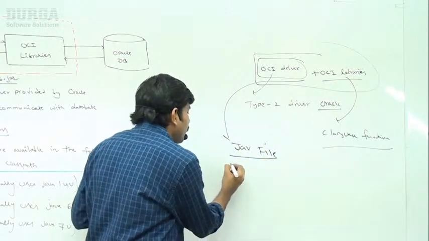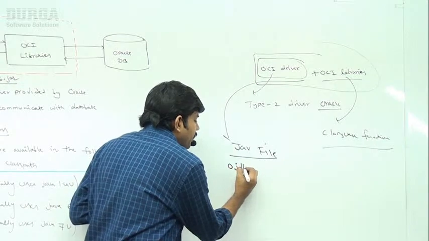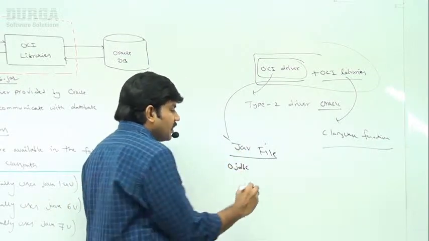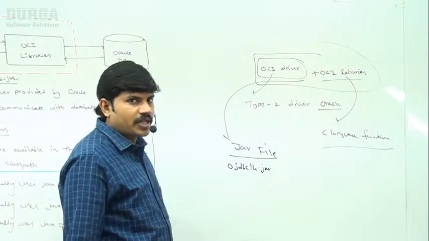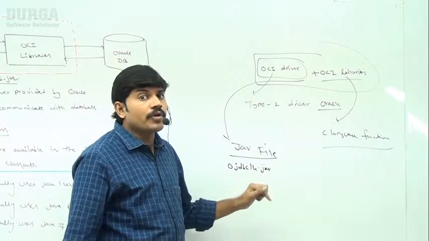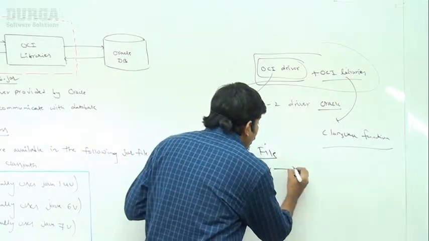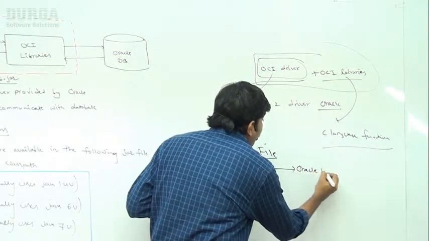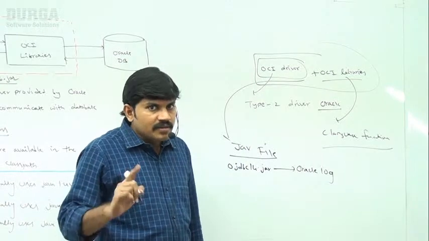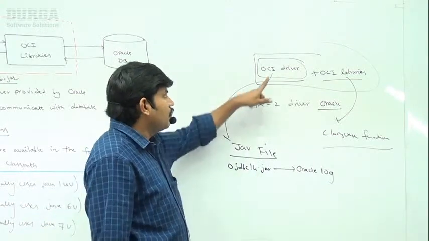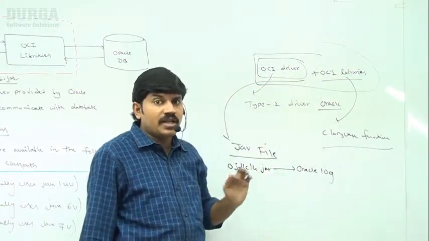Okay, very simple. OJDBC14.jar. What is the jar file name? Can you spell out? OJDBC14.jar. If you are using Oracle 10G, sir, I am using Oracle 10G edition, then which jar file contains OCI driver and the corresponding OCI libraries?